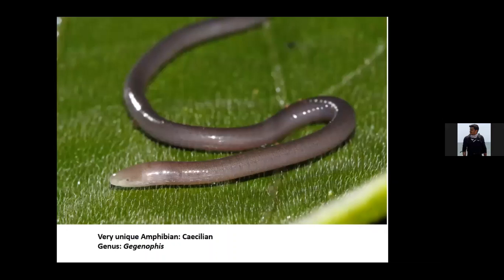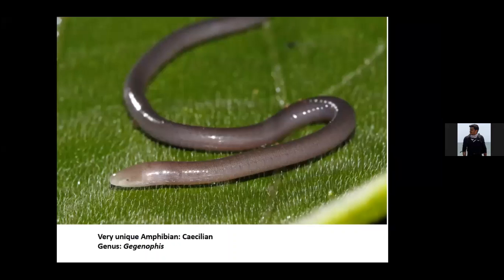Again, whenever we talk of amphibians, frogs come into the picture. This is another order called Gymnophiona, or popularly we call them caecilians or naked serpents. These are very secretive creatures, limbless.